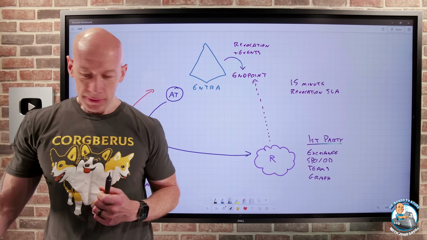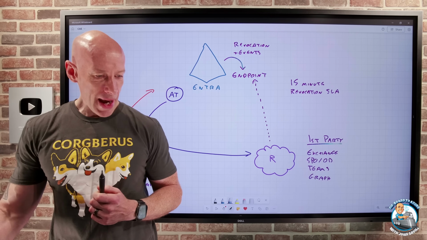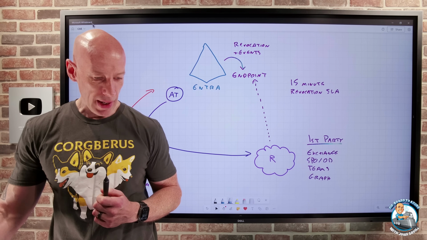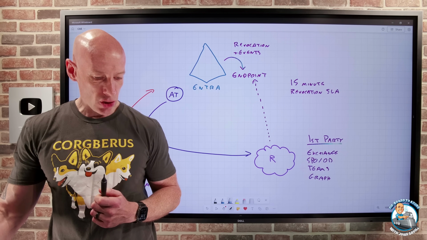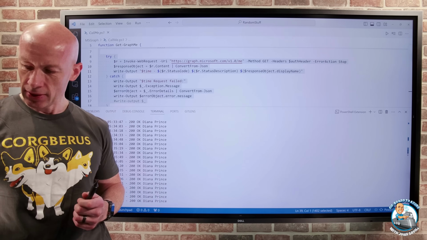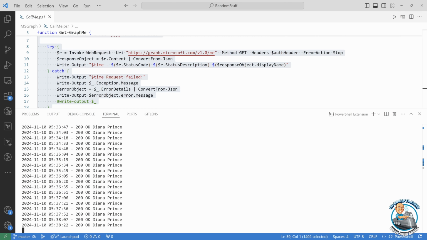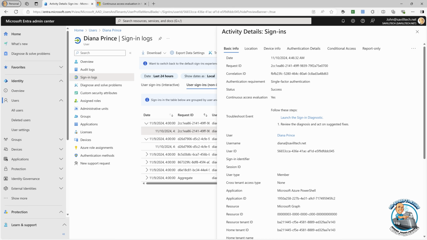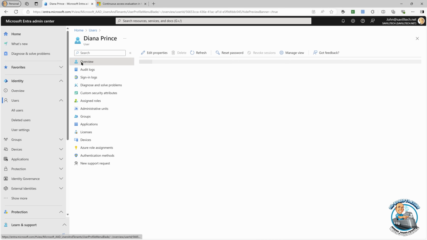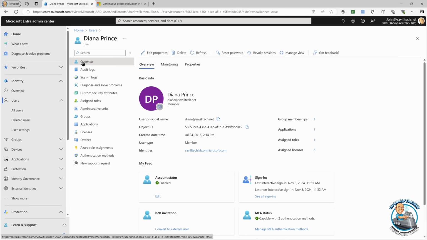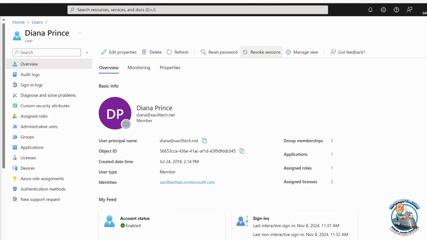Now, for fun, we saw I had my little script running over here, and it's just every 15 seconds looking to see, hey, can I connect? So it already has an access token for Graph. Now, what we're going to do is if we just jump back to the overview of this user, we are going to be mean.